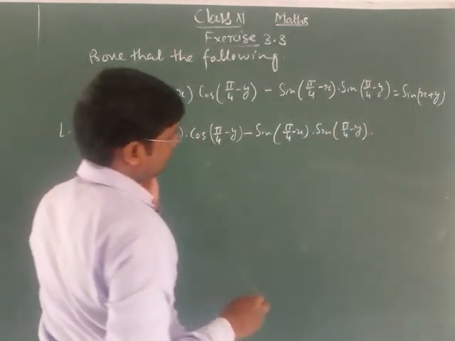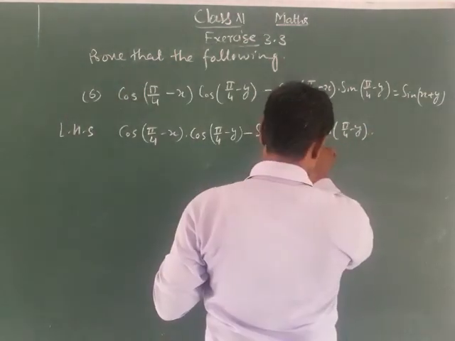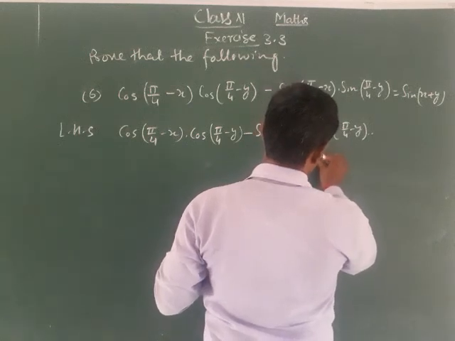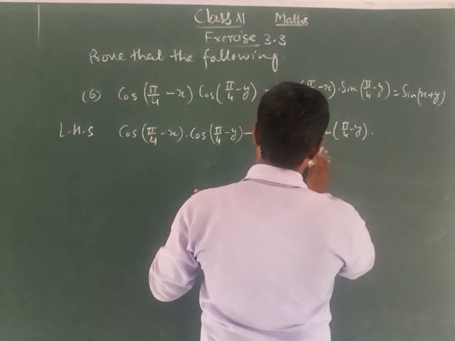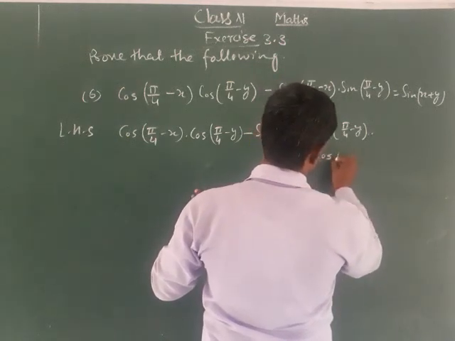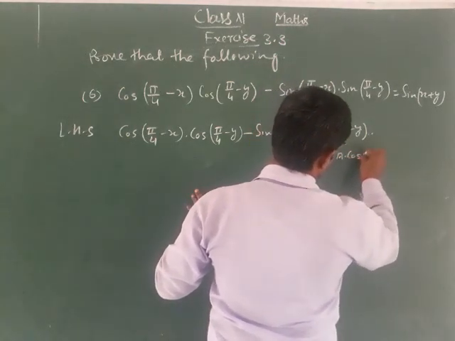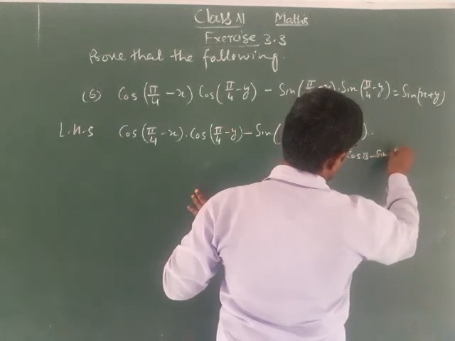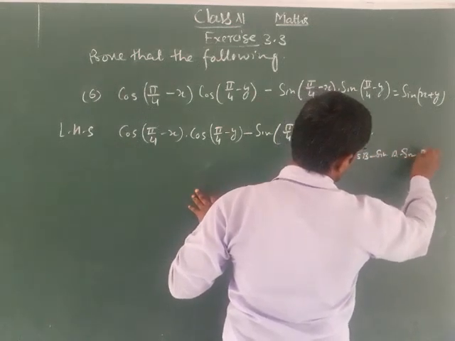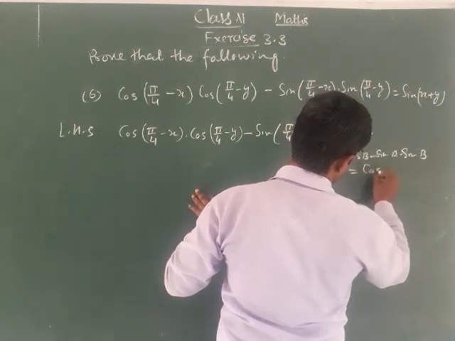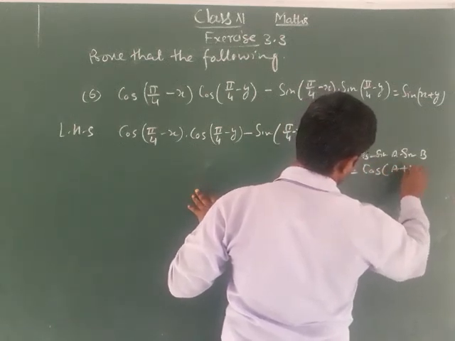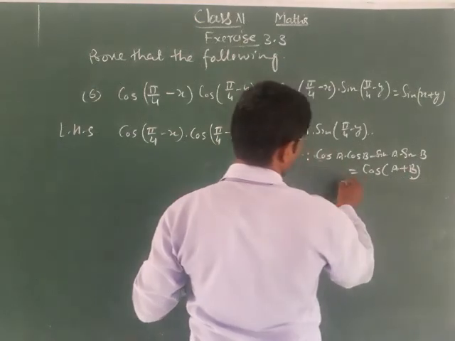Since cos A cos B − sin A sin B is equal to cos(A + B), this is the identity.